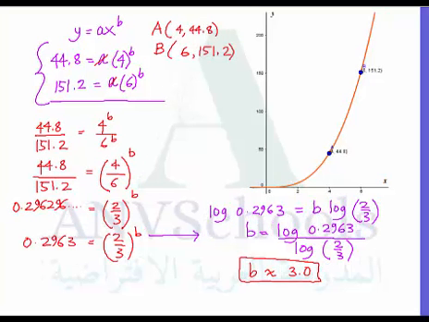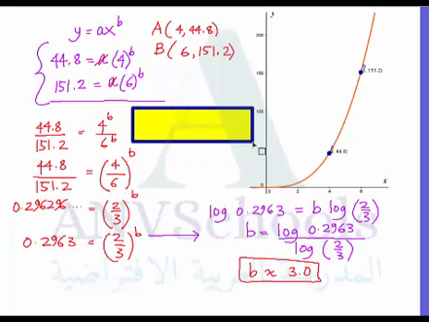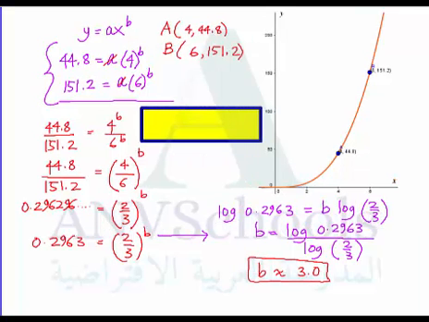Now we could have our equation. What is our equation? Our equation is y is equal to, we have our b, oh, we're missing our a.